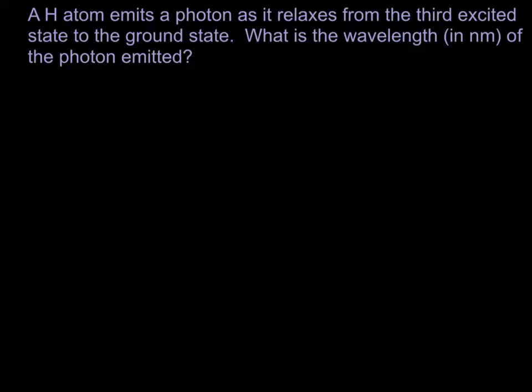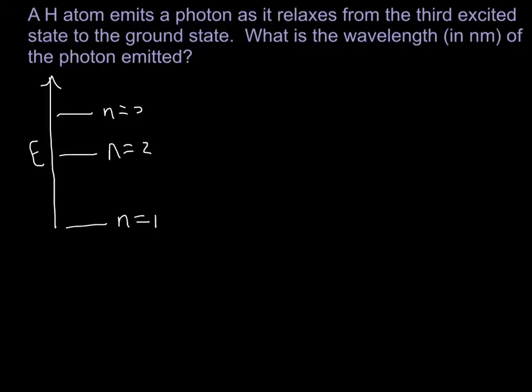So let's go ahead and draw one. There's the energy axis, and n equals 1 is the ground state. Put on n equals 2, n equals 3. These should get closer together as we go up. And how far up do we need to go?